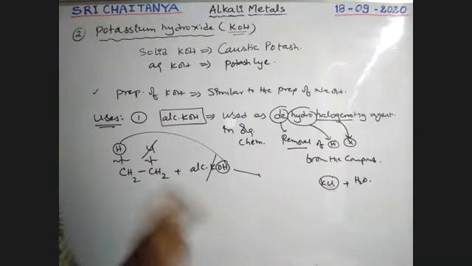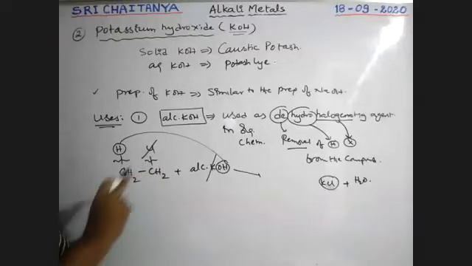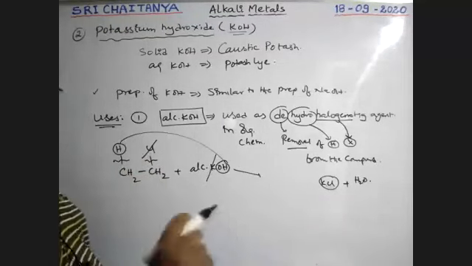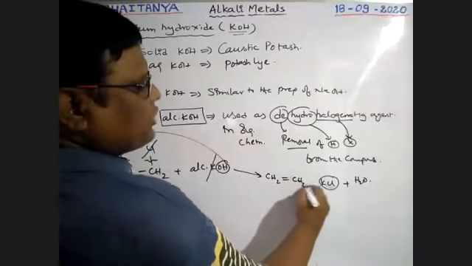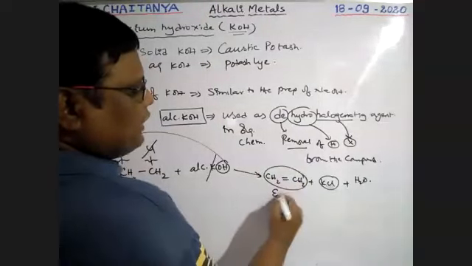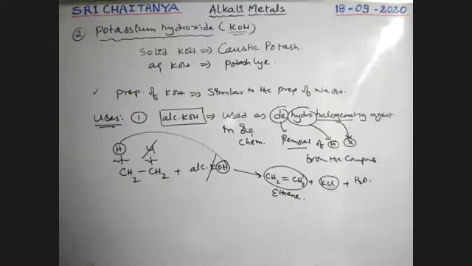These two bonds are broken, so instead of these two bonds, a new pi bond is developed. The two sigma bonds on adjacent carbons convert into a pi bond. That gives CH2=CH2 as the final product, ethene.